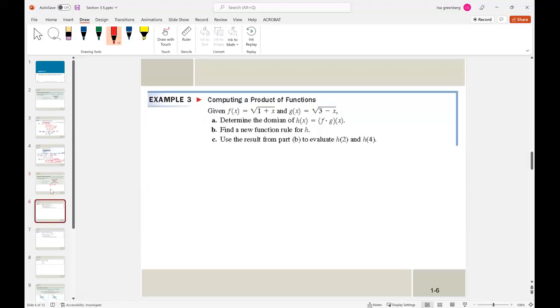So we won't determine the domain, but we will find h of x. For a, h of x is equal to f times g of x, which is the same as f of x times g of x. Okay?